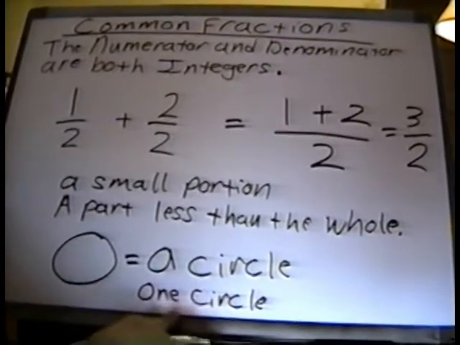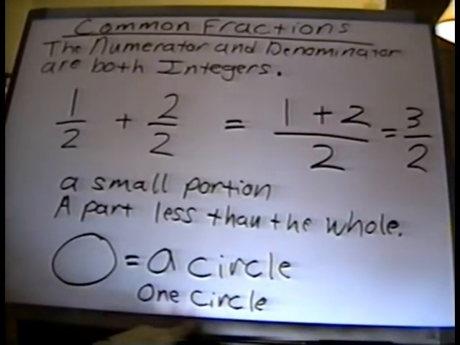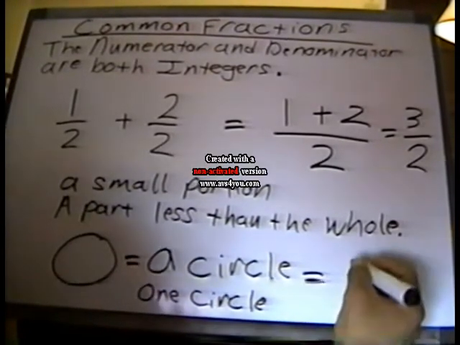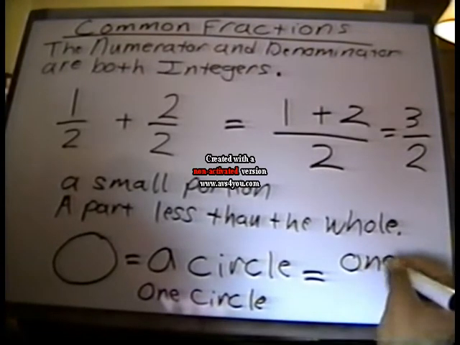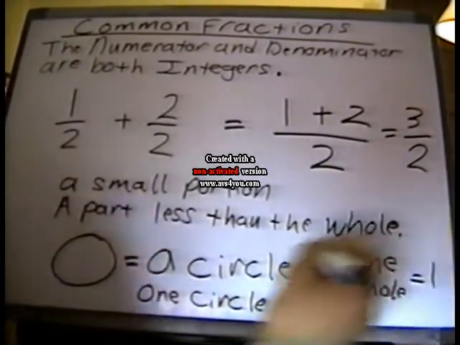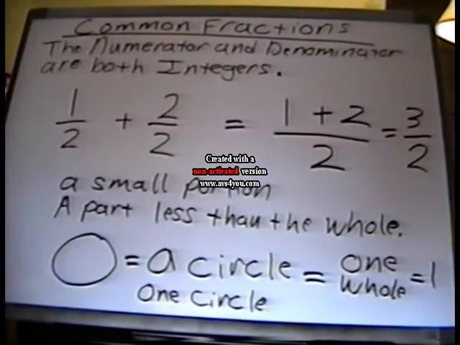We say one circle or one object, one whole entity. This is one whole. This represents a numerical value of 1.